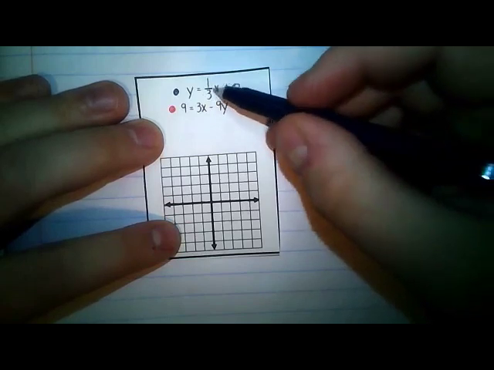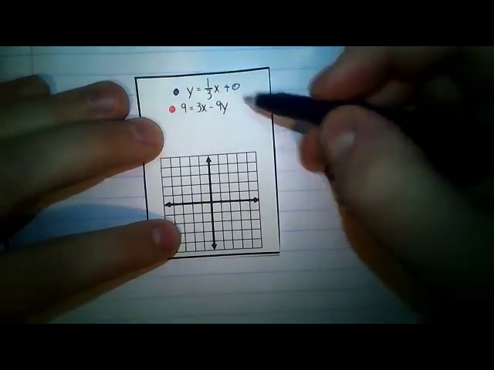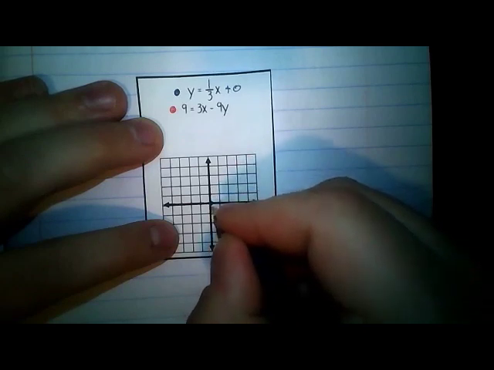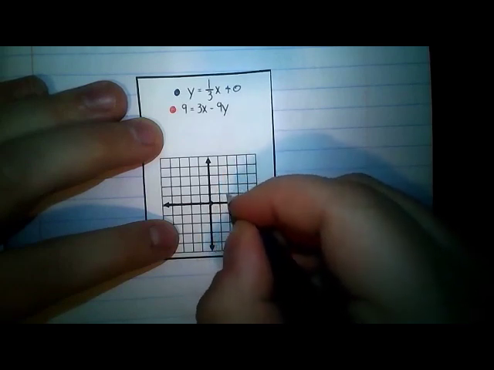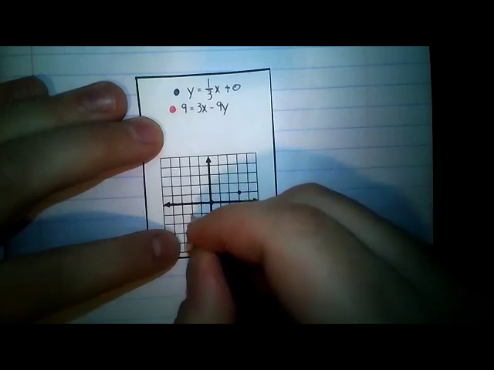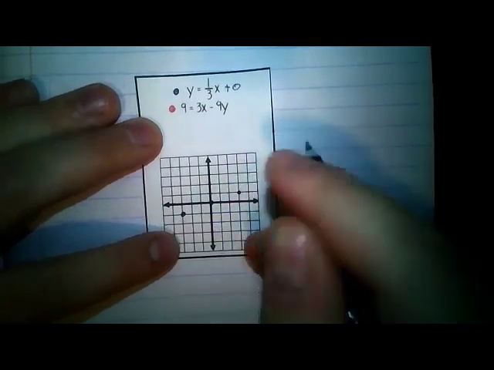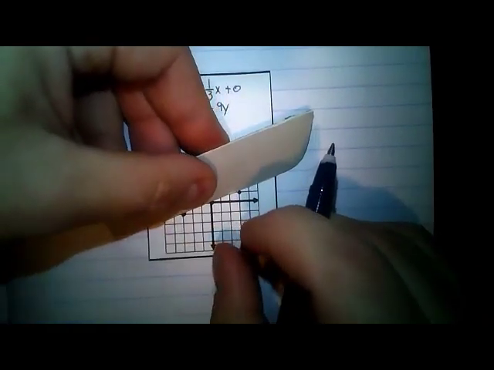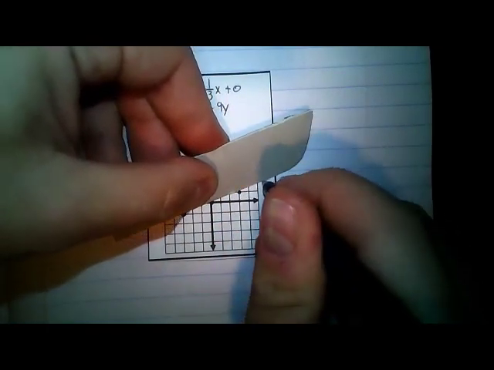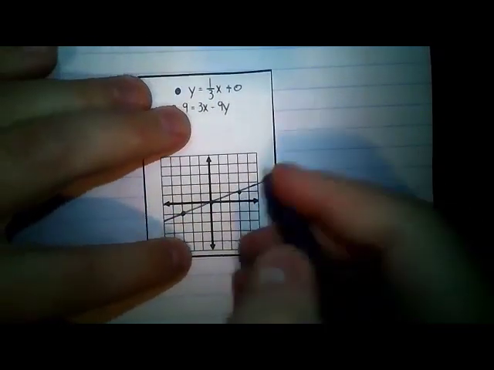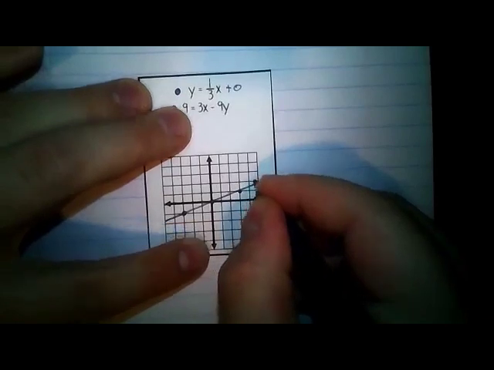But we're going to start at 0 and use our slope of up 1 over 3, or down 1 over 3. And I'm going to use my makeshift straight edge here to draw the line of that equation.